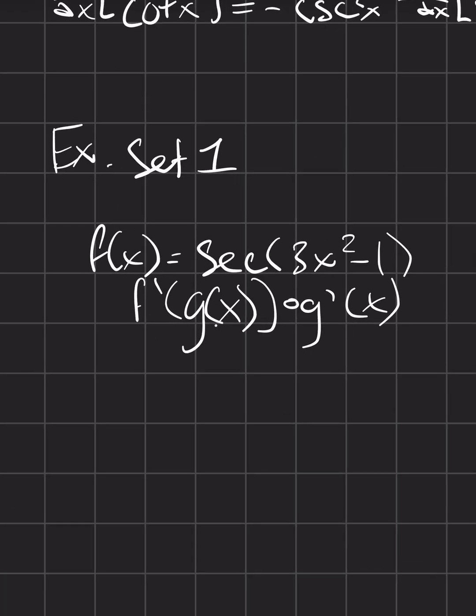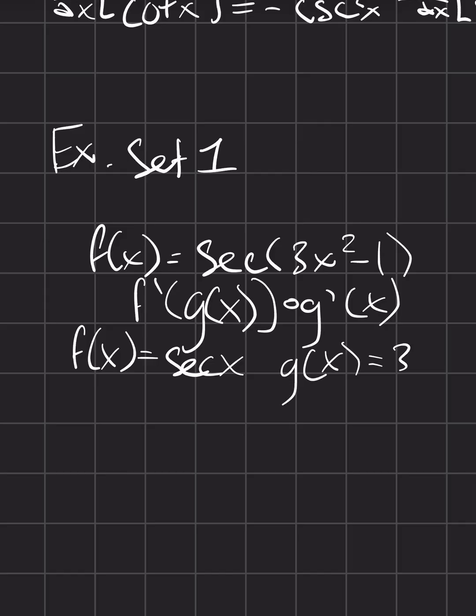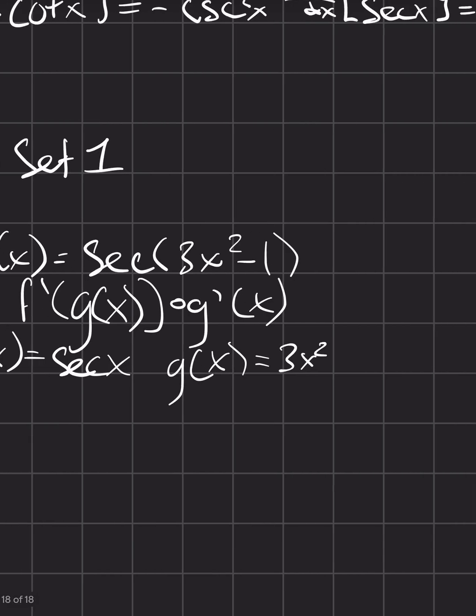Let's make this a little easier. Let's say that f of x is going to be secant x, and our g of x is going to be our 3x squared minus 1.